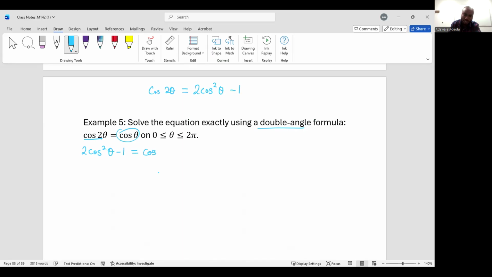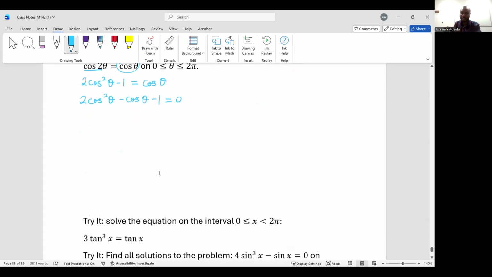So it equals cosine of theta. And I can bring cosine of theta here, minus 1 equals 0. So again, we have the kind of situation we had the other time. So I can say let P be cosine of theta. So we have 2P squared minus P minus 1 equals 0.